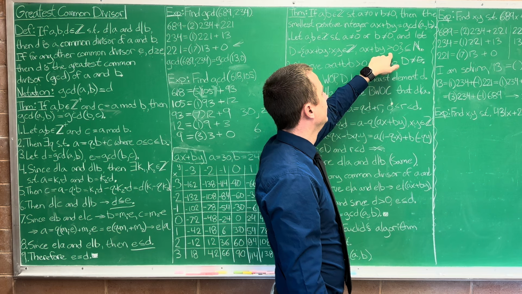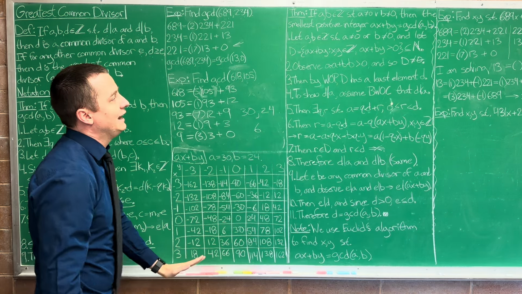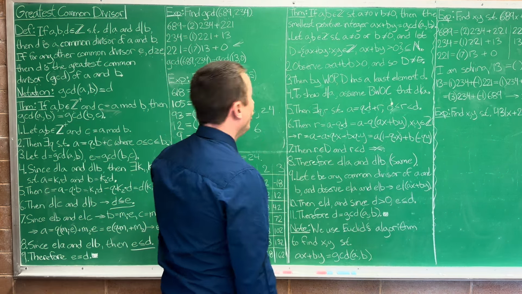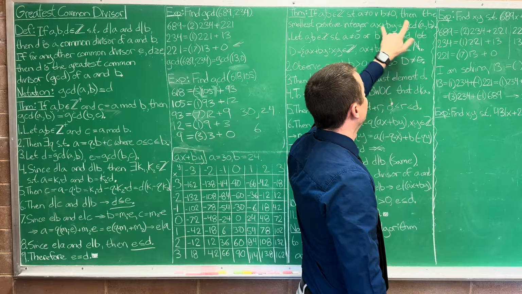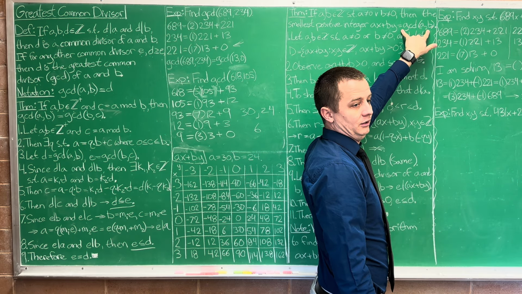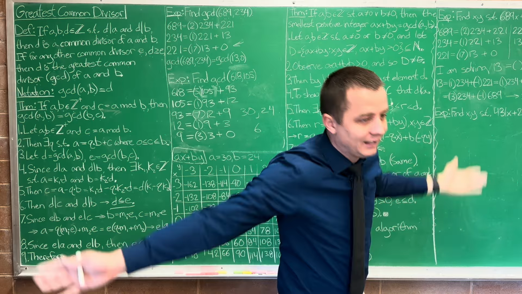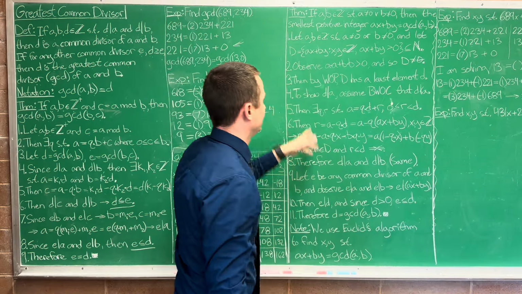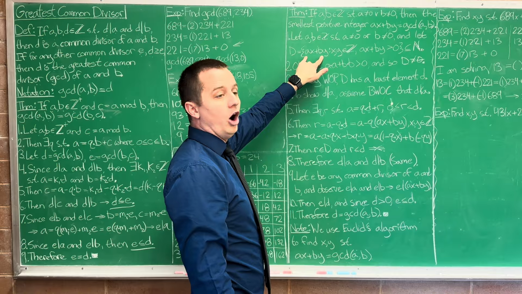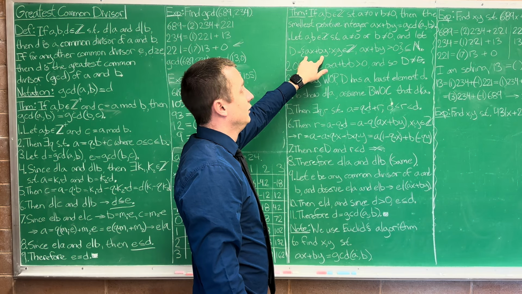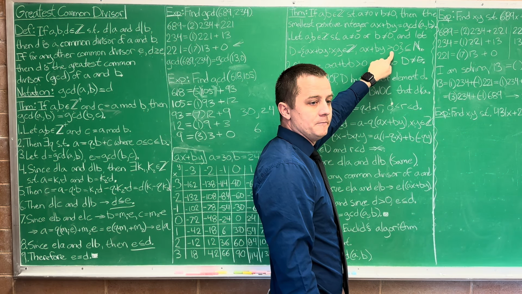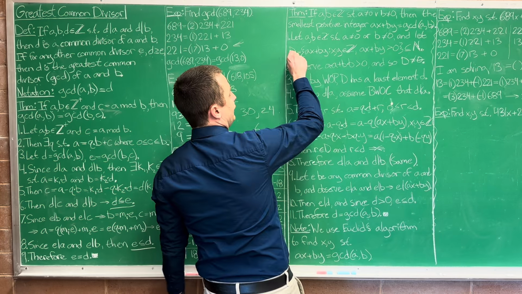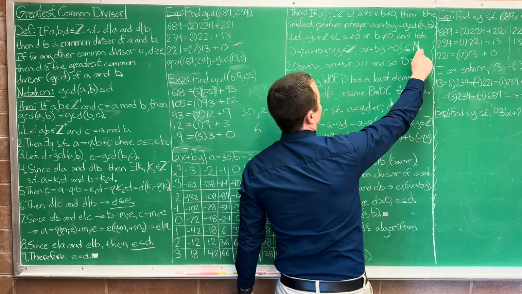Why? Because I'm trying to prove the smallest positive number that this outputs is the greatest common divisor. So I already know that I don't care about the negative answers. So throw those away right out the door. So d is equal to all the solutions you can get for plugging in any x and y as long as that number comes out a positive number. And so notice by definition d is a subset of the natural numbers.